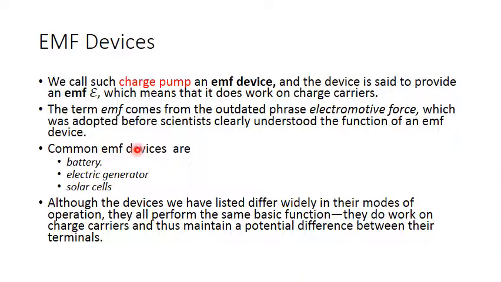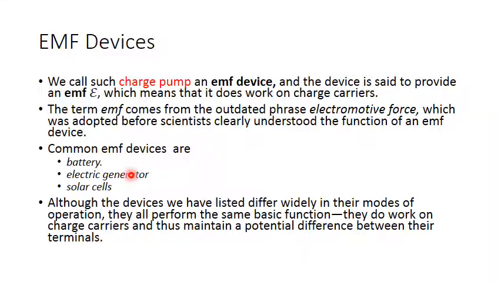Common EMF devices are the battery. The battery actually is the simplest EMF device, which you can see. Another form of EMF device is electric generators. For example, the generator in the car is an electromotive force device.